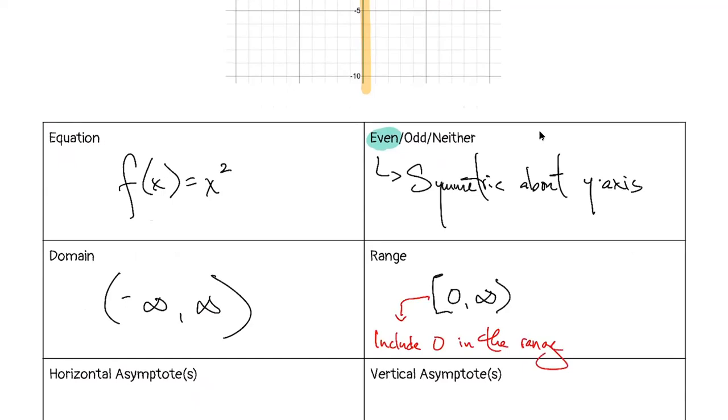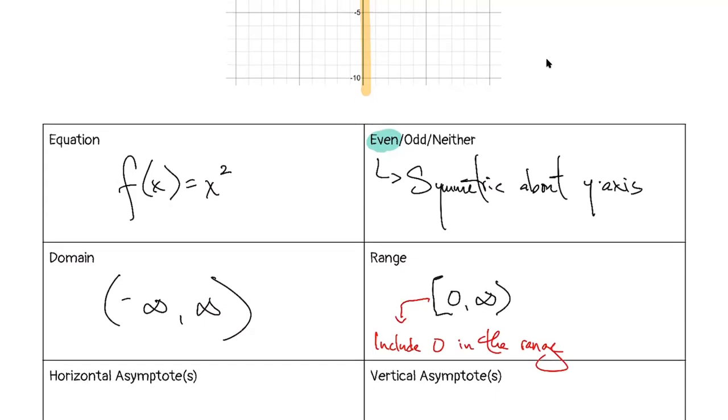So if we use a bracket, it means that that point is on our curve. Whereas if we use a parentheses, it means that it's not. So when we looked at exponentials and logs, we did parentheses, but with some of the other ones, we use a bracket because we actually can draw that point on the graph.